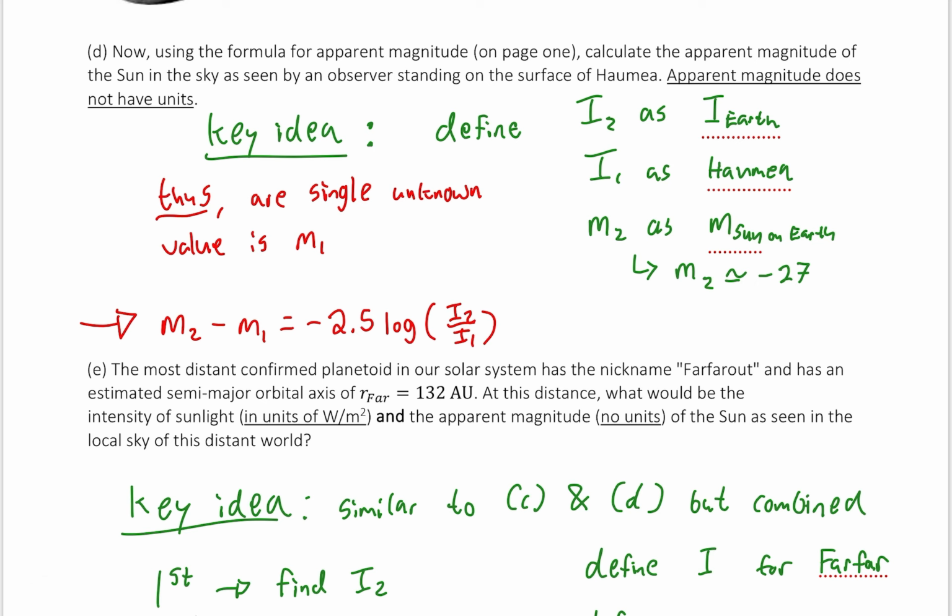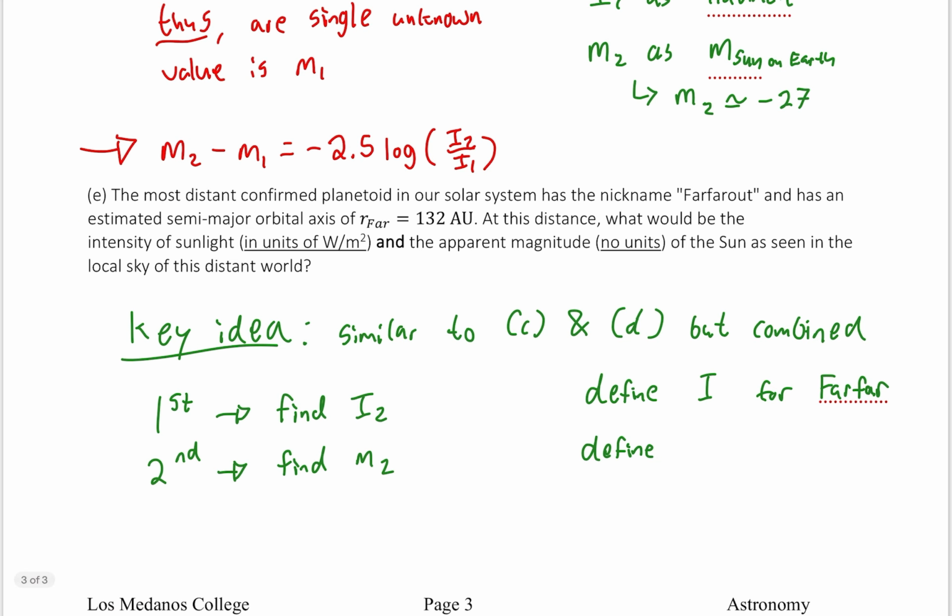It's kind of an interesting thing, right? Because with the inverse square law, it's easier to say that the 1 is the thing you want to solve for because it's a little bit less work. But then with the formula as written, and this is really kind of the best way to write the apparent magnitude formula, it's better to define the 2 variable as the thing you want to find. So there's kind of pros and cons to both. So I'll go ahead and stick with the 2 for both cases.